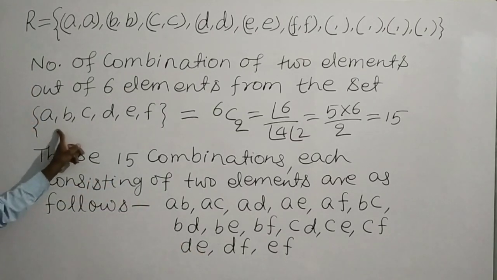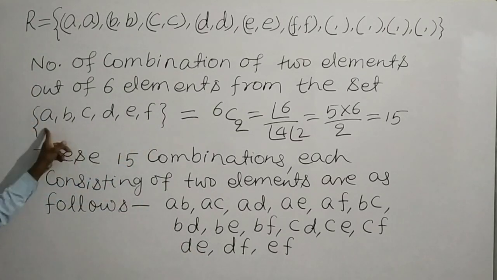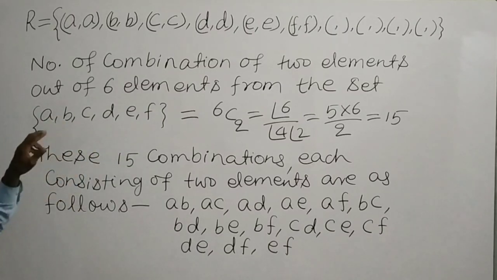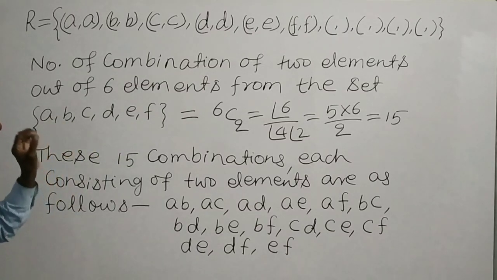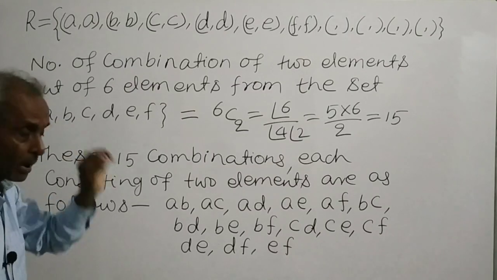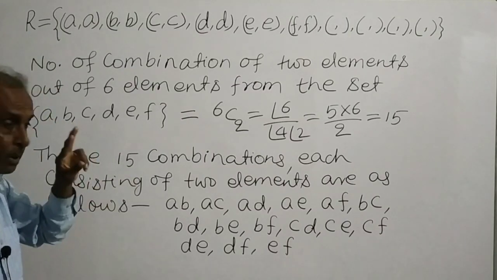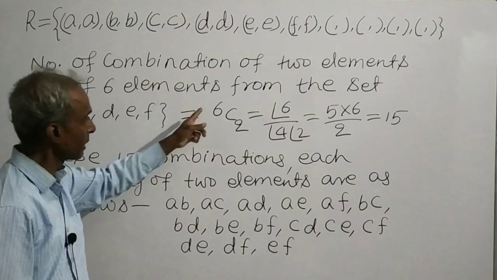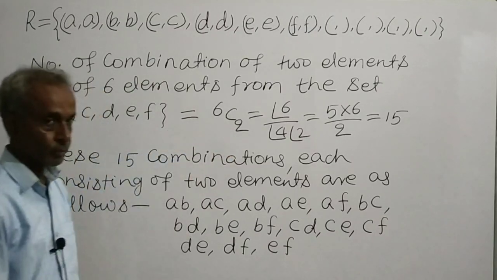Out of these six elements present in this set, if we want to find the number of combinations of two things, then this will be equal to 6C2.